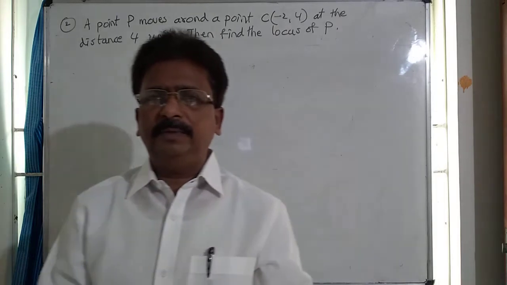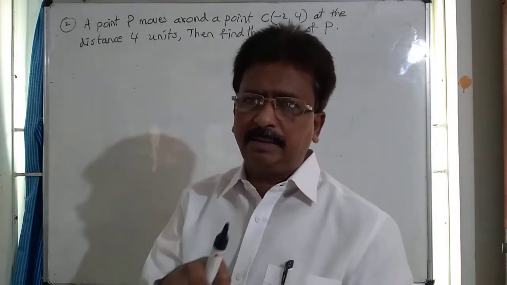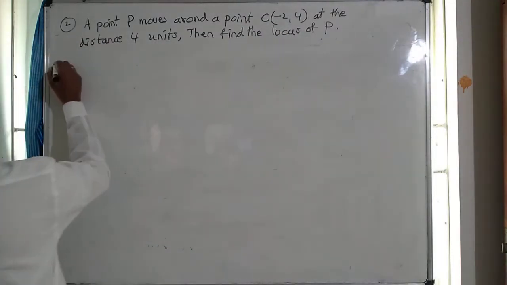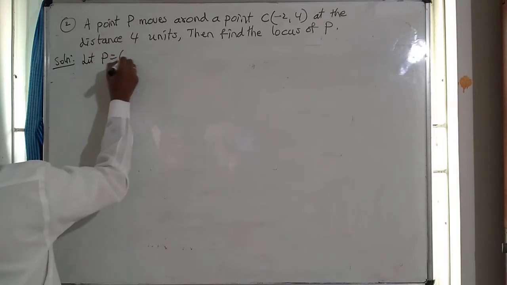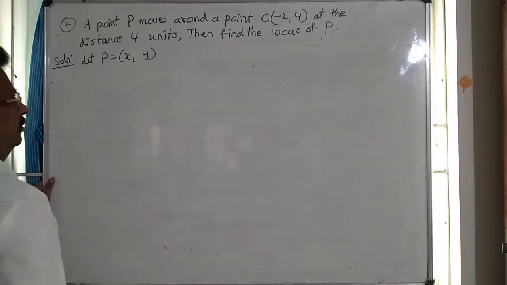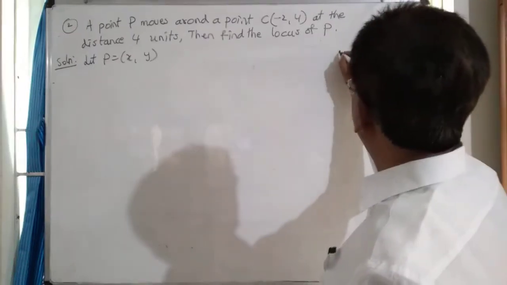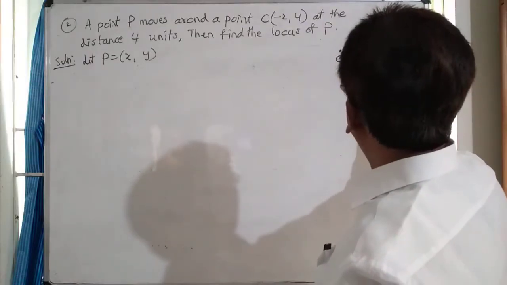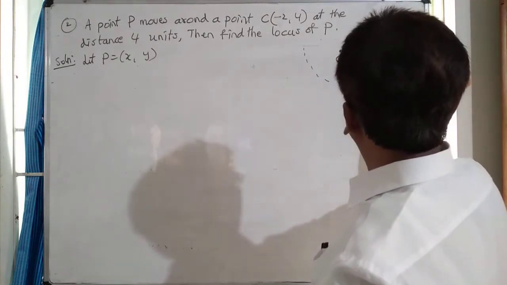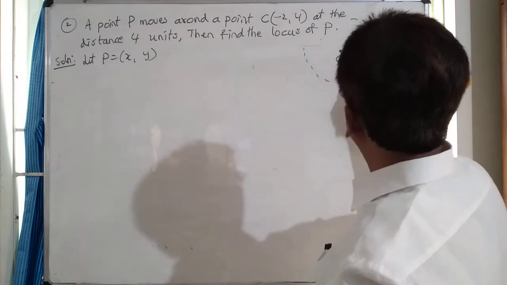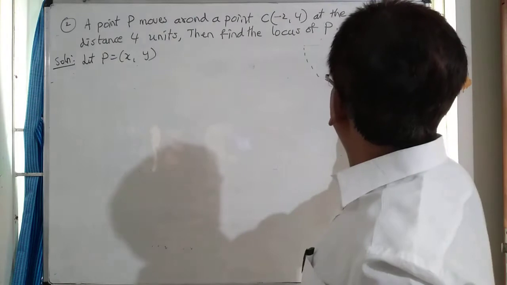Okay, first let us assume the coordinates of P. Let us introduce the coordinates of P. Let P is equal to x comma y. The point C is somewhere, and P is moving around this point at a distance of 4 units.